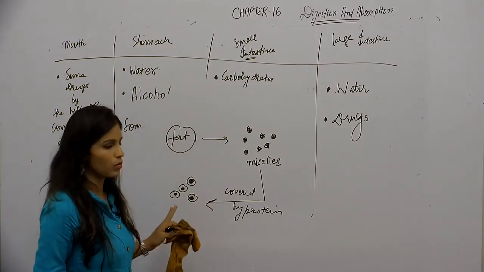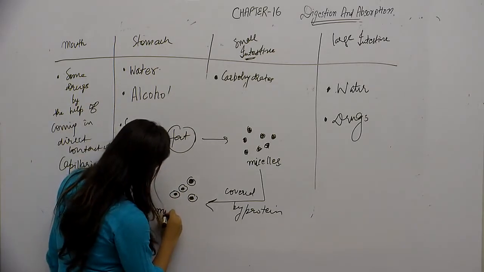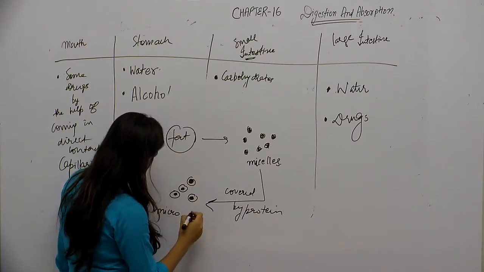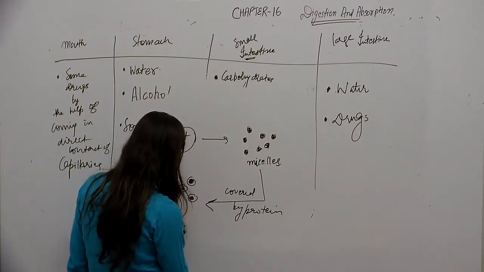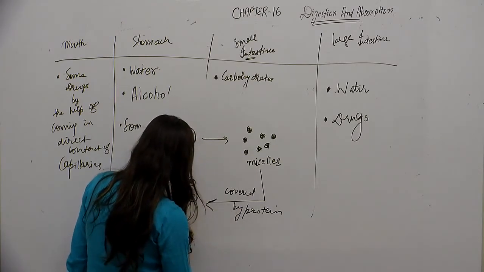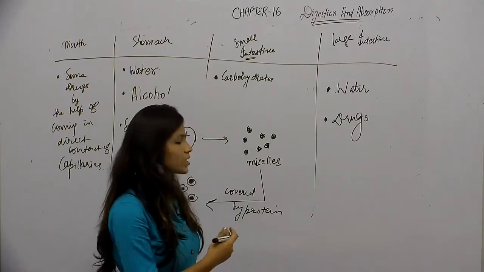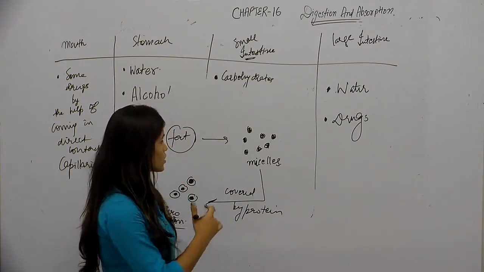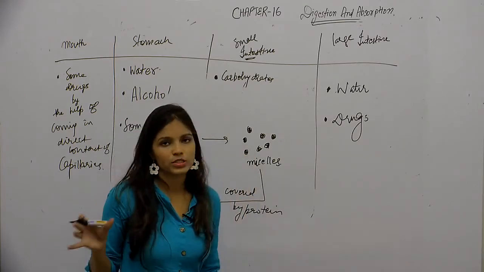And these small globules are known as chylomicrons. So this was all about how the fats get absorbed and where all the absorption takes place in the body.